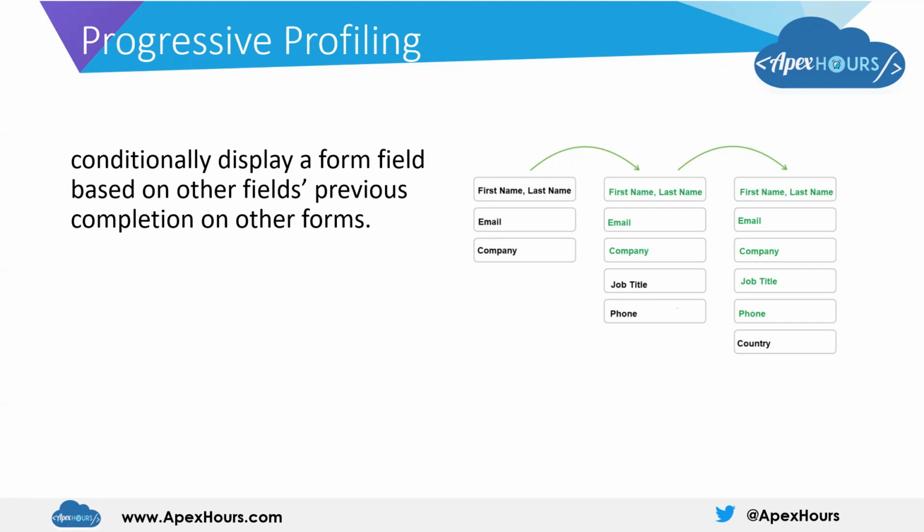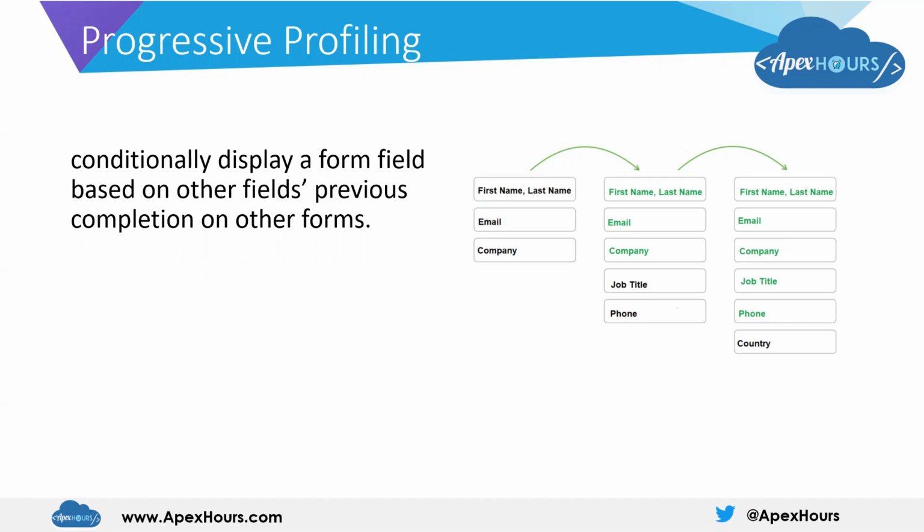Say a visitor first lands on the contact us form, and he fills in details like first name, last name, email, and company. If he opens the form next time, all this information will be pre-filled, and along with it, two new fields will be added: job title and phone.